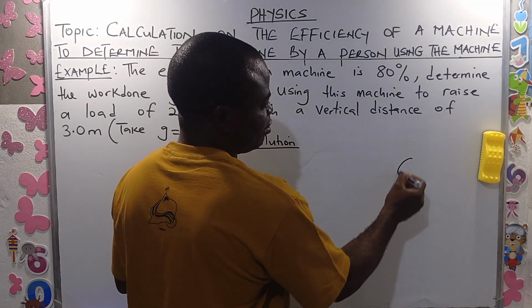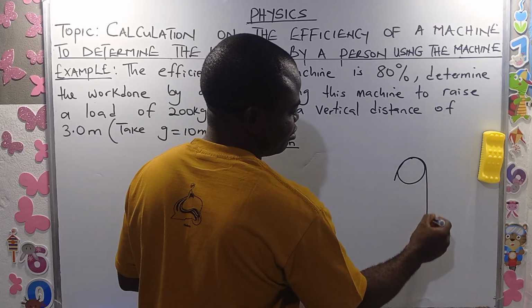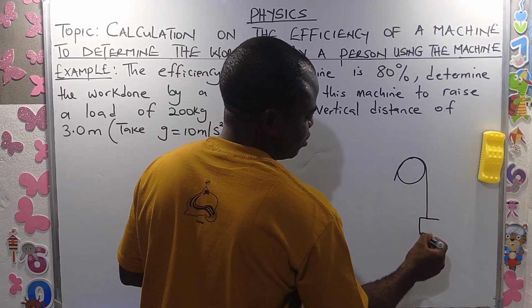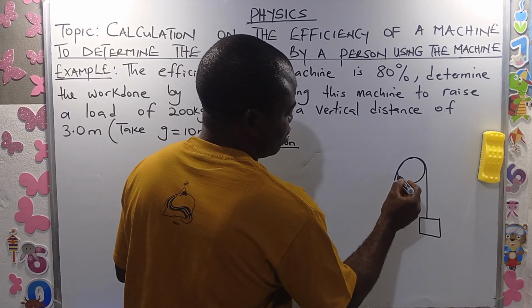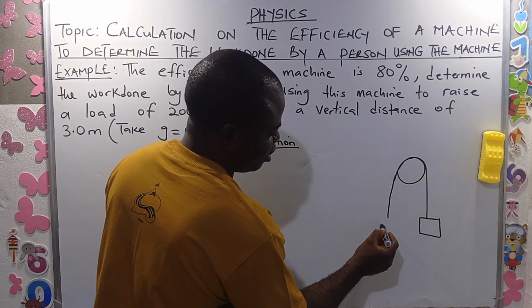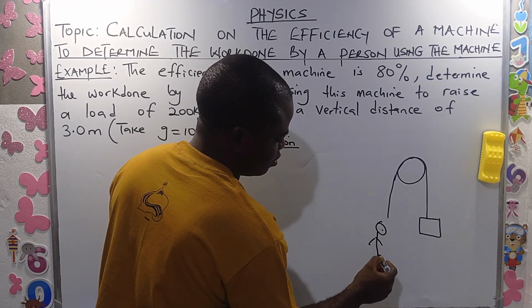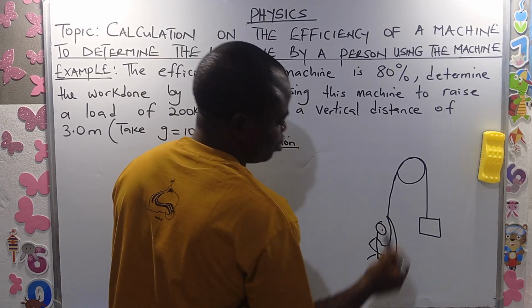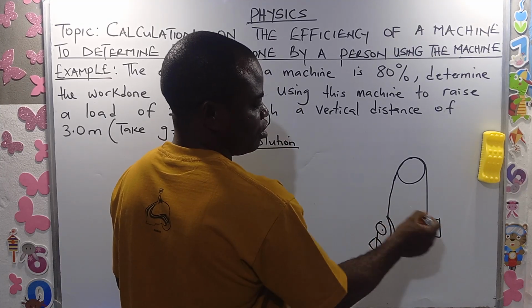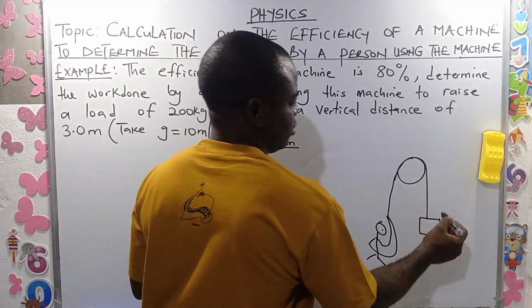You have a pulley, you have a rope attached to the load. This is the human being trying to pull the load up to a particular height.